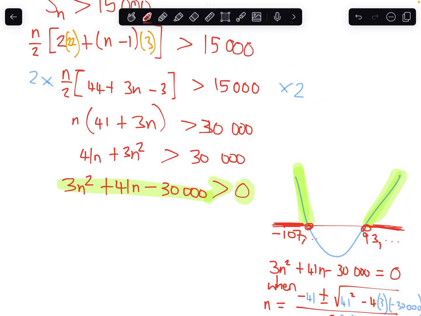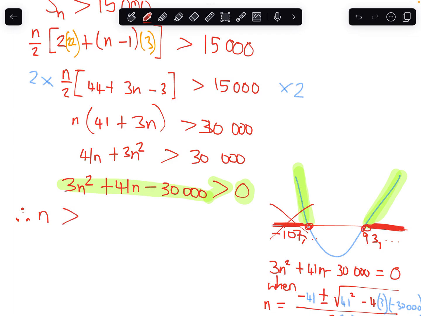So we're saying that, okay, n has to be greater than, so we're talking about this range of n's, right? We don't really care about this one because we don't have n's that are smaller than negative 107 whatever, but we do have n's that are greater than 93.3 whatever.